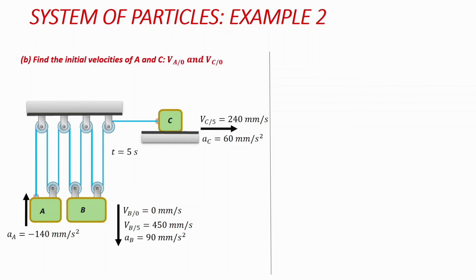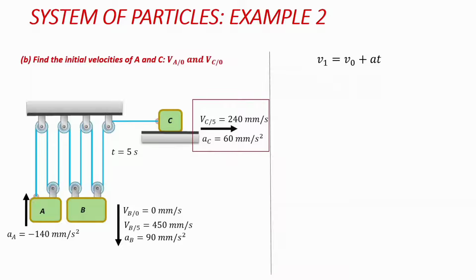So having all these parameters, we may need to look through our equations to see which is valid. The first equation on our list is v1 equals v0 plus at, and we're looking for initial velocities. If we look at block C closely, we have the final velocity when the time is 5 seconds.